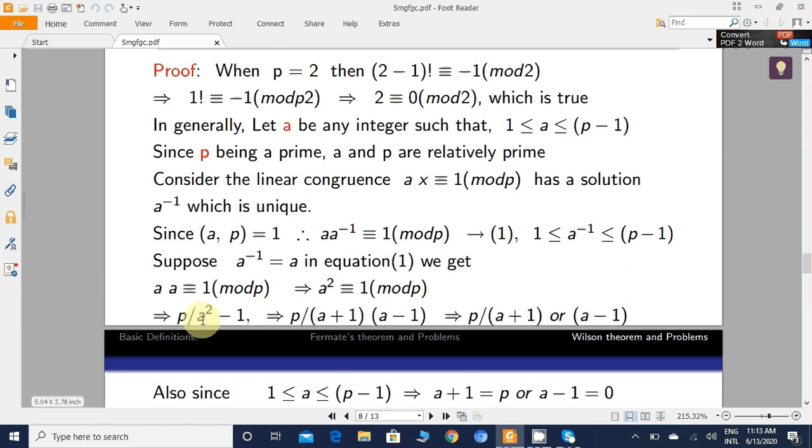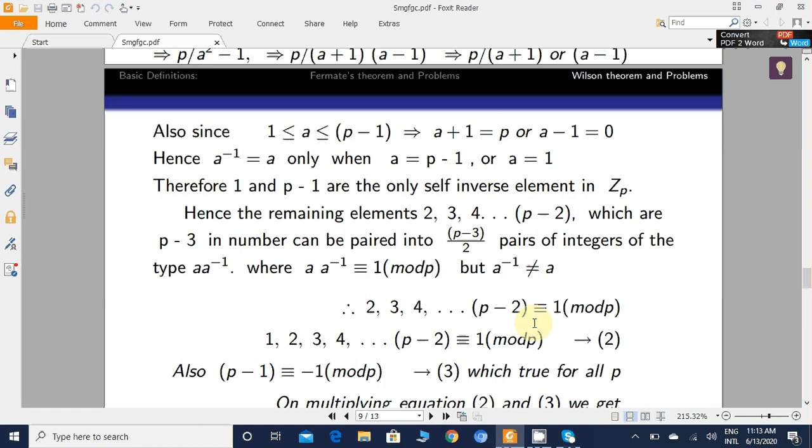That is, we are applying here the a square minus b square formula. On the basis of this, a square minus 1 is split into 2 factors, that is a plus 1 into a minus 1. So again, by note number 1, p divides this product, which implies p divides a plus 1, otherwise p divides a minus 1.